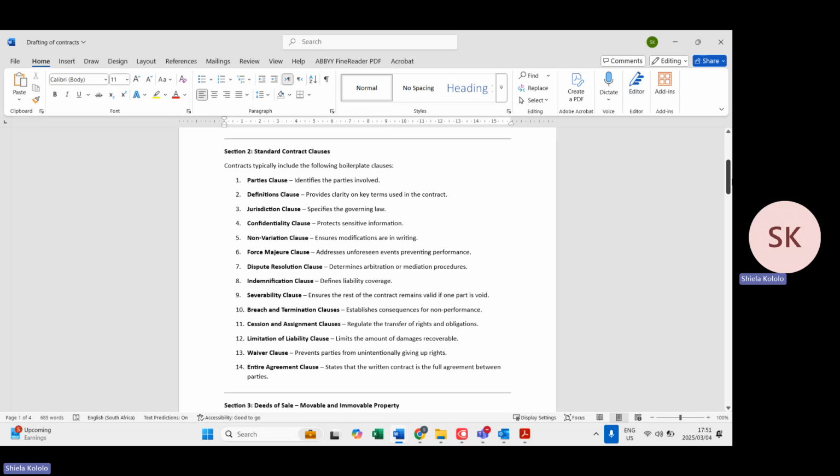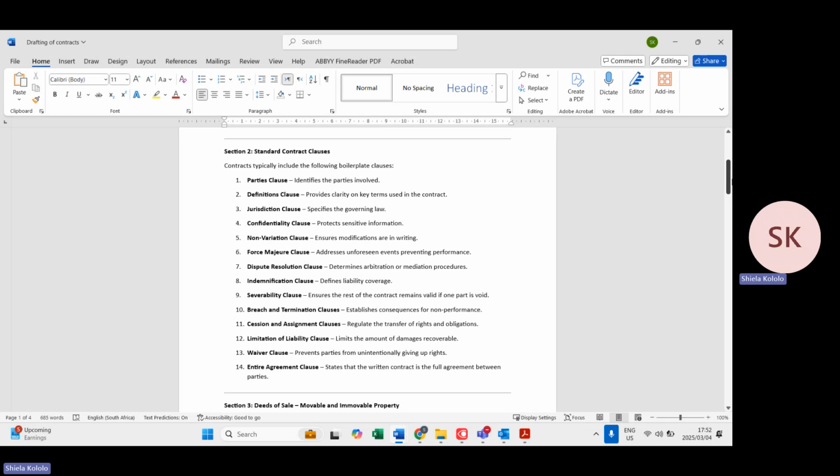And then the jurisdiction clause, we specify the governing law, basically the law that is governing this contract. Let's say in South Africa, I would say the laws of the Republic, because we are concluding the contract in South Africa. And then the confidentiality clause protects sensitive information.